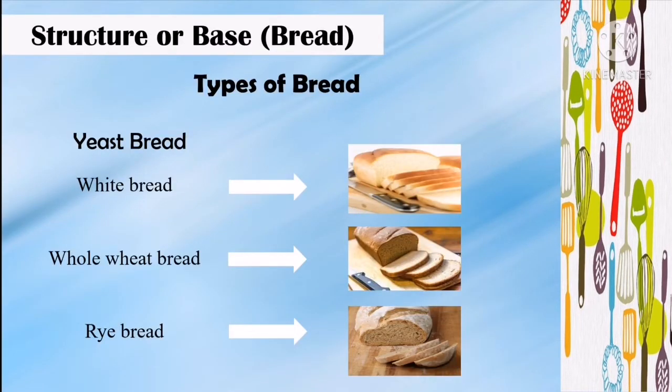Structure or base. The secret to a good sandwich begins with a good bread. The type of bread has a dramatic effect on the finished product. The quality of bread may be more important to the final product than the quality of filling. For example, you have a white bread which was bought on different dates.